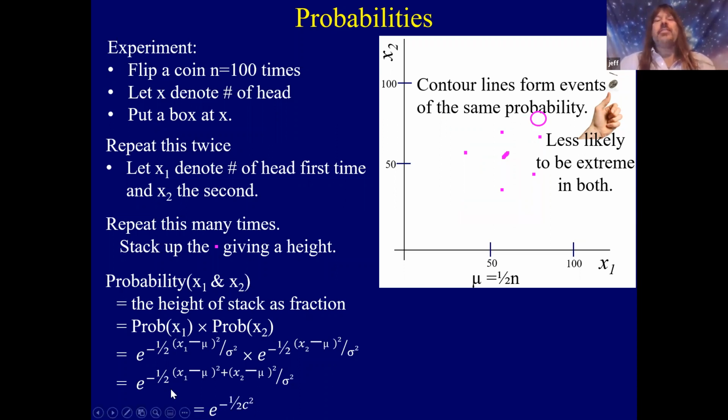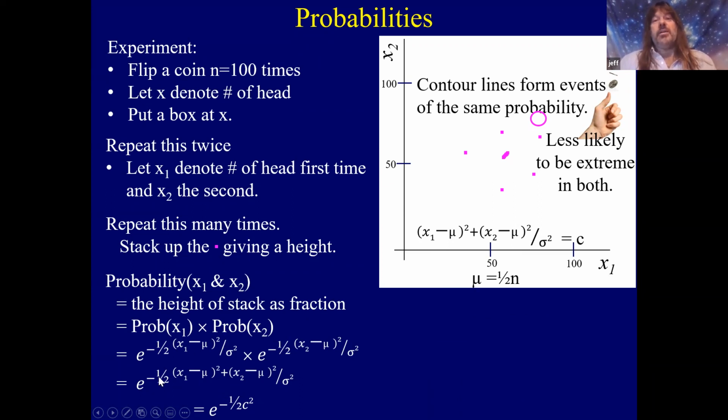So let's go back to this equation here and see what these contour lines look like. We let C be some fixed constant, so this is some fixed probability. We want all the values of x1 and x2 for which the probability is this fixed value. You can see that it boils down to this equation.